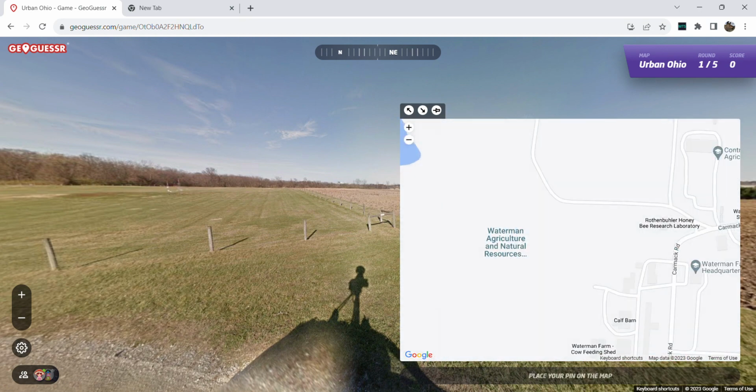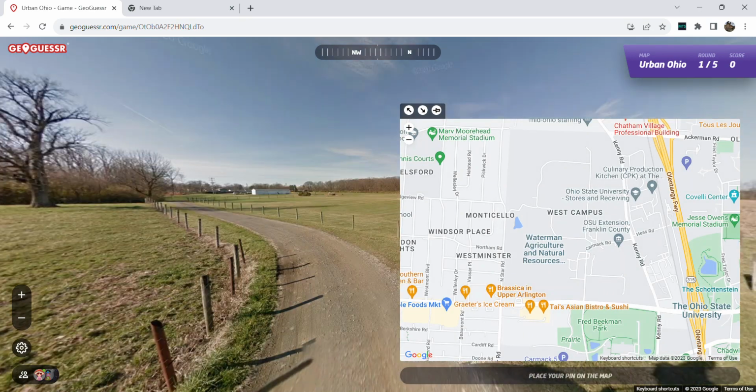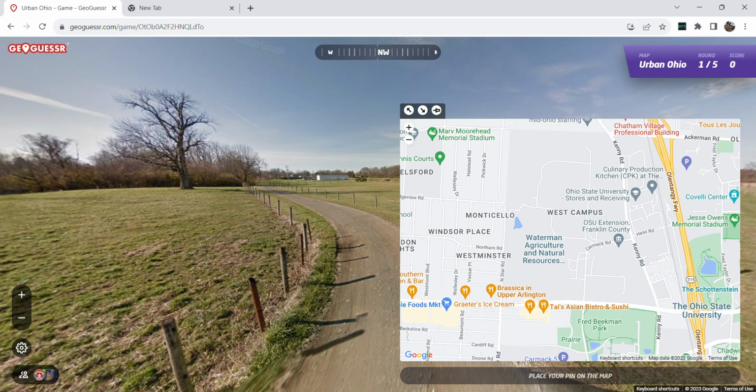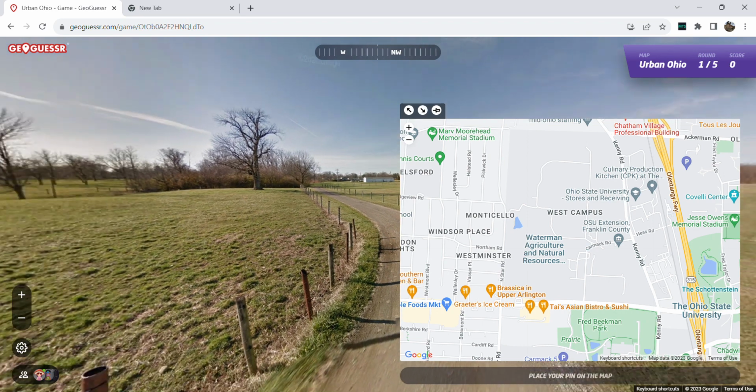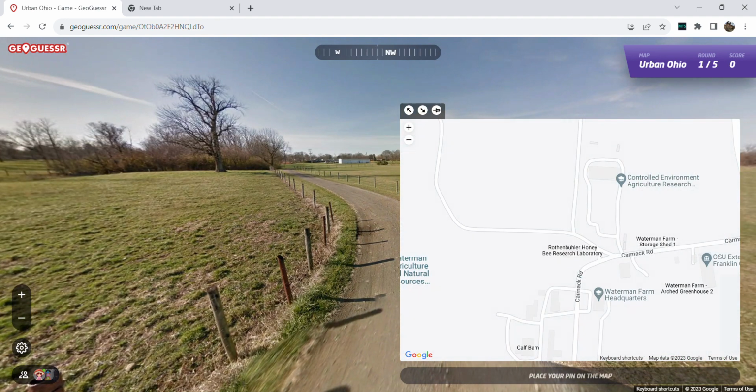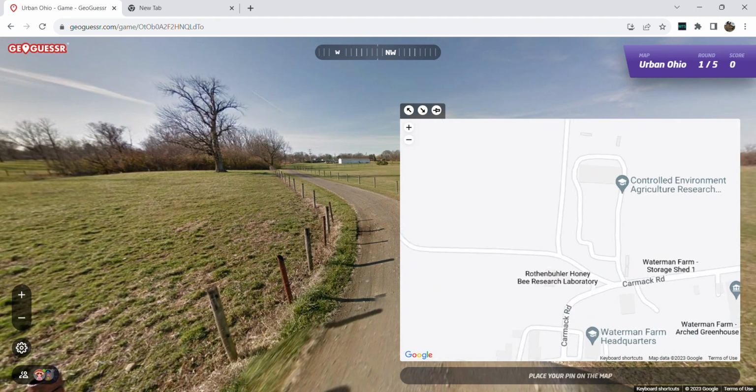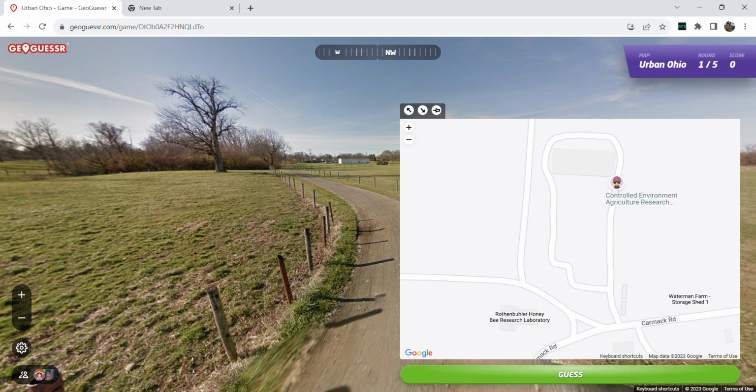Waterman Agricultural and Natural Resources. So it is a road going to the northwest, kind of curving around there to the west. Maybe somewhere like here?